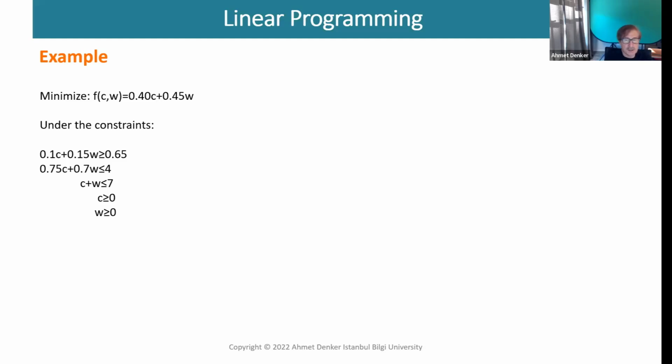In the previous example, we had the maximization problem. Here we have a minimization problem. And there's one more difference. The number of constraints in the previous one was only 2. Of course, we had the constraints also these.